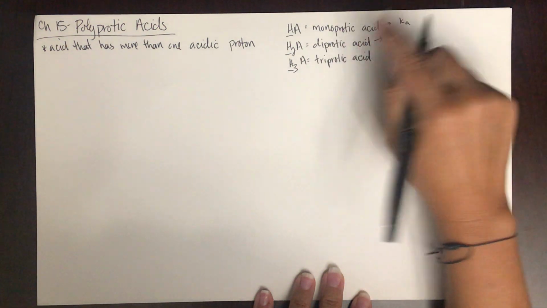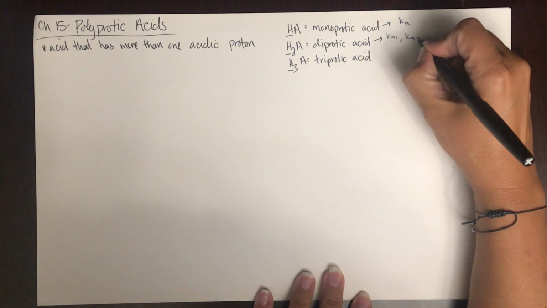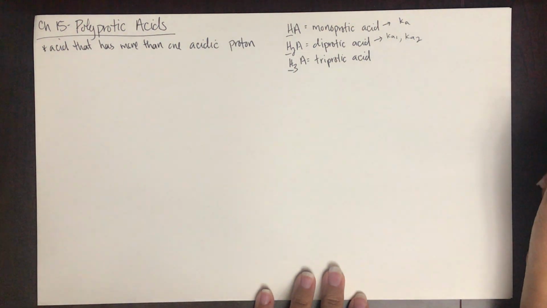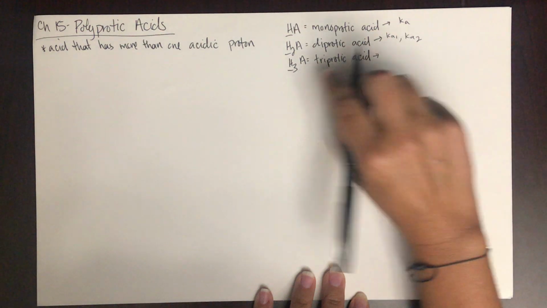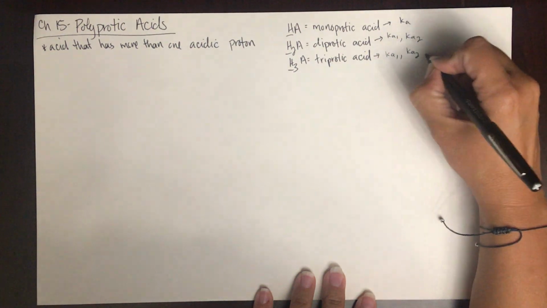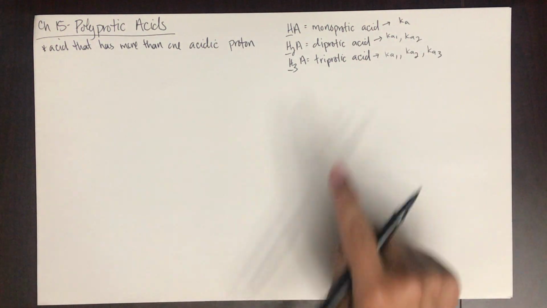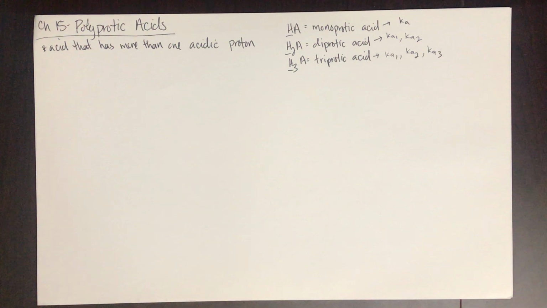An H2A, a diprotic acid, would have a Ka1 and then a Ka2, two successive ionizations. An H3A, a triprotic acid, would have a Ka1, a Ka2, and then a Ka3. Three successive ionizations for that triprotic acid.